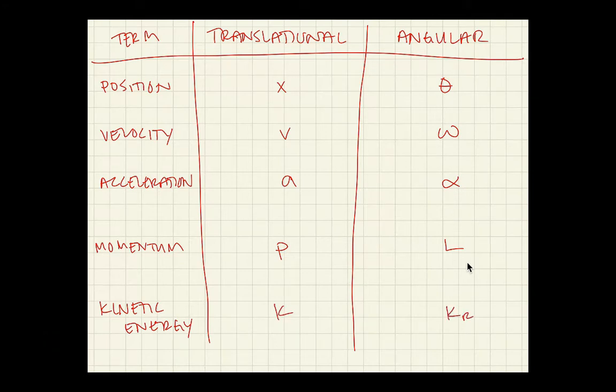Okay, so here's the good news. We don't have to actually learn new stuff to understand angular or rotational motion. We're just going to apply everything that we already know about translational or linear stuff to rotation. It works exactly the same way. The only difference is that we have these analogs that we're working with instead of their translational counterparts.